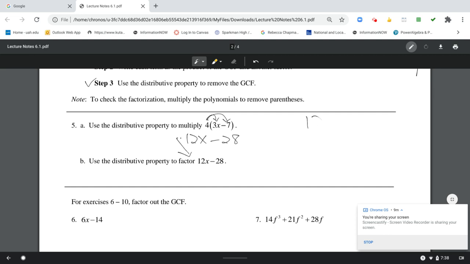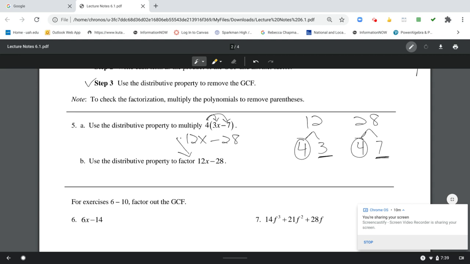So just in case you don't see, now I know both of those numbers are divisible by 4. So I know they have a 4 in common. 3 and 7 are both prime, so I can't use those. So sometimes you don't have to use the smallest prime number.